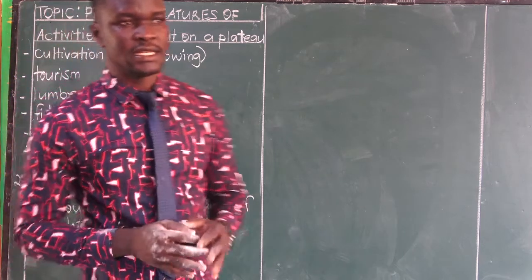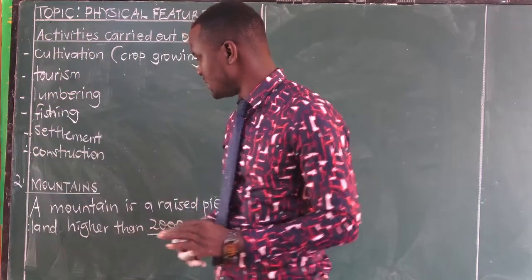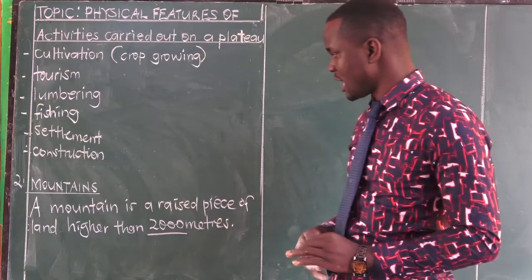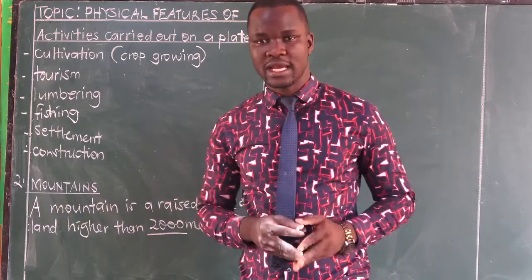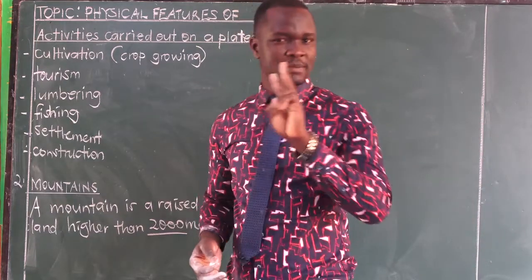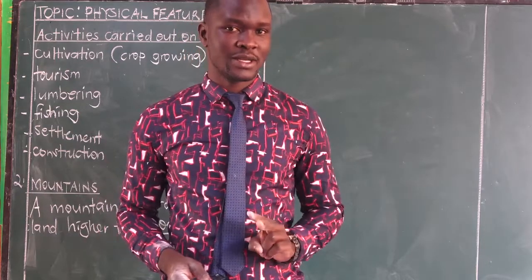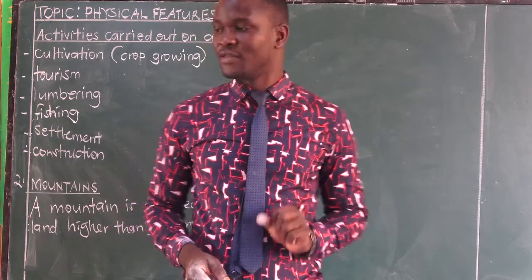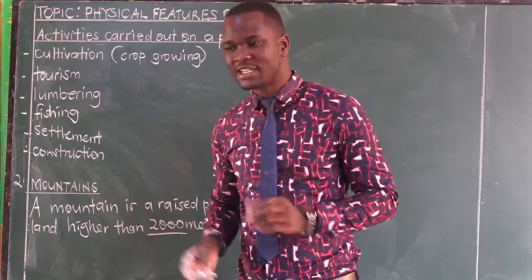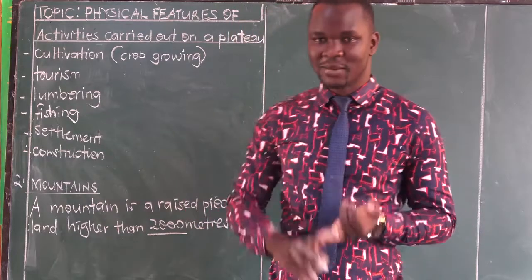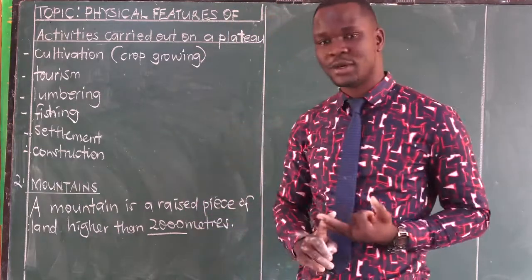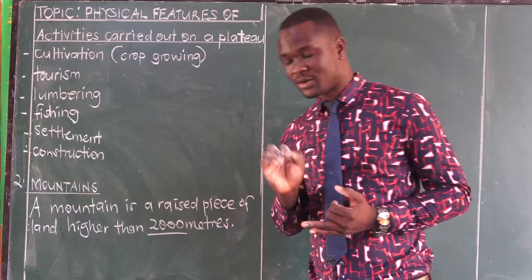So we are going to look at which mountains we have in Uganda. First, before we look at these examples of mountains, we are going to understand that in Uganda, we have two types. I say types, not examples. I told you at the beginning of this lesson, there is a very big difference between types and examples, and you have to be very careful when you are writing your questions.